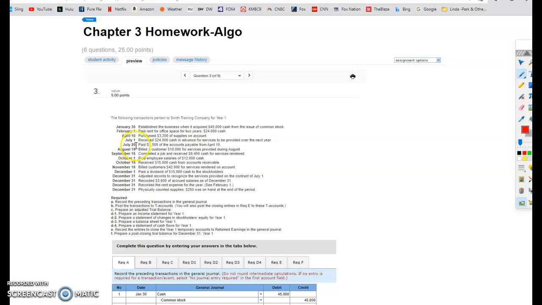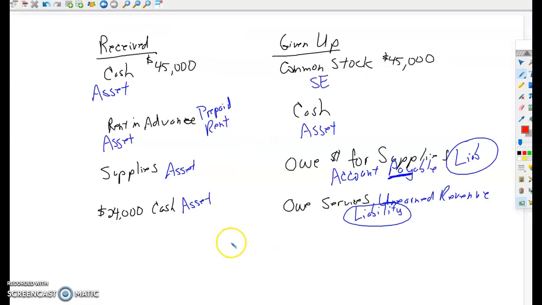Okay, July 20th, they paid $1,500 of the accounts payable from April 10. Remember, on April 10, we bought supplies on account of $3,200, and we're going to make a payment of $1,500 for that. So let's look at what we gave up and what we received. Well, the easy one is figuring out what we gave up. We gave up cash, right, in the bank.